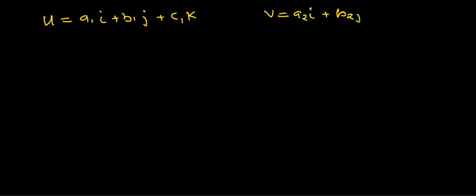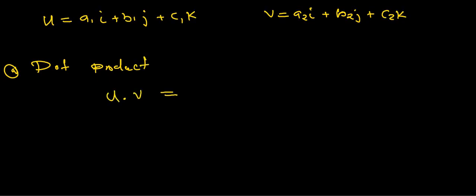So if you have two vectors, let's say vector U, which is A1 I, then B1 J, then C1 K, and V, which is A2 I, B2 J, then plus C2 K. If you want to find the dot product, U dot V is the same as the length of U times the length of V, then cos of the angle between these vectors.